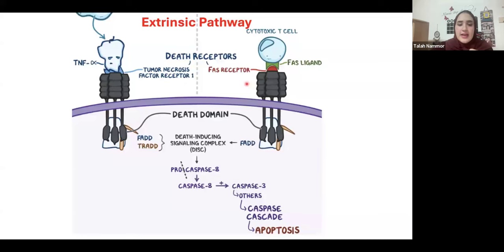This receptor has a ligand, and this ligand is found on cytotoxic T cells. So cytotoxic T cells can either send the granzymes and perforins that activate the intrinsic pathway, or two receptors just interact, the Fas receptor with the Fas ligand, and it's like, okay, kill yourself, and it just kills itself.